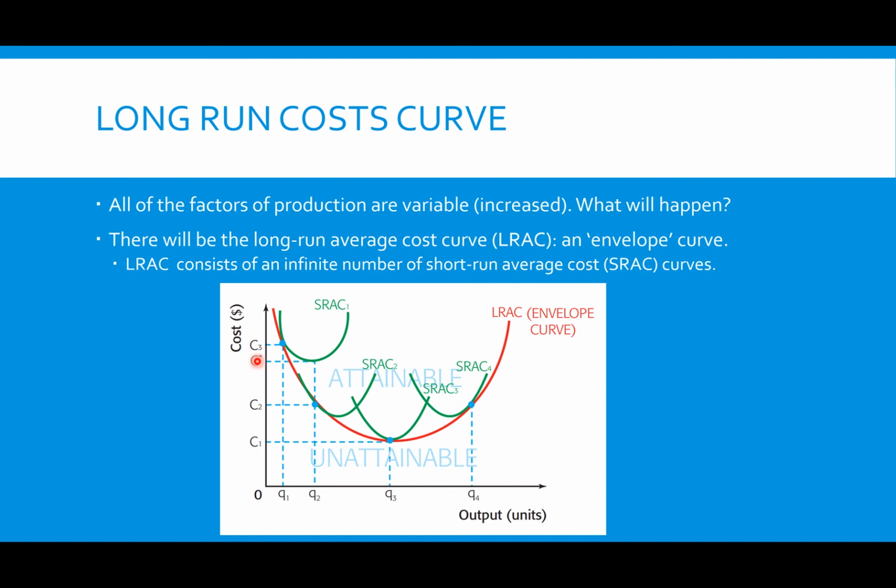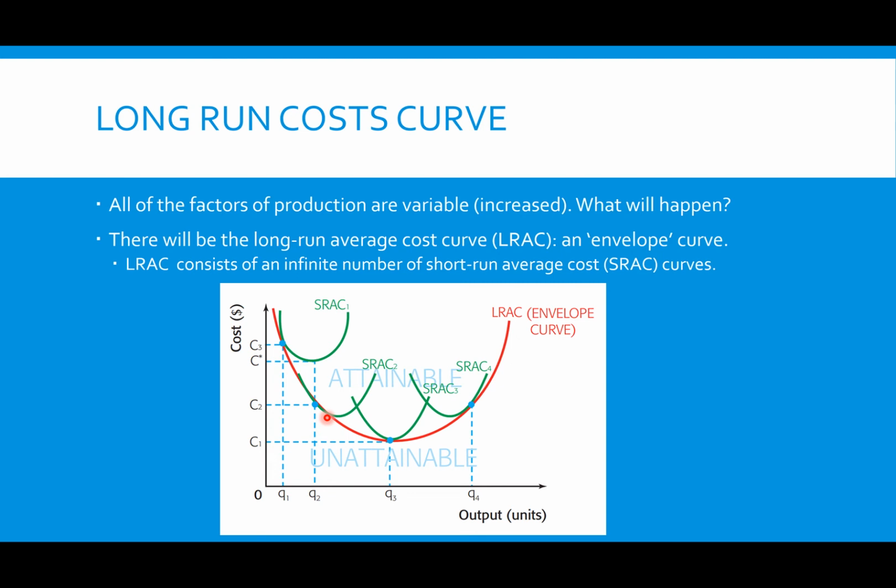That's good for the business. But in the long run, the business can always plan ahead. Because their demand is increasing, the business might think, maybe we should be able to produce more product easily. So they decide to add to their factors of production. By doing that, SRAC moves down to SRAC2.